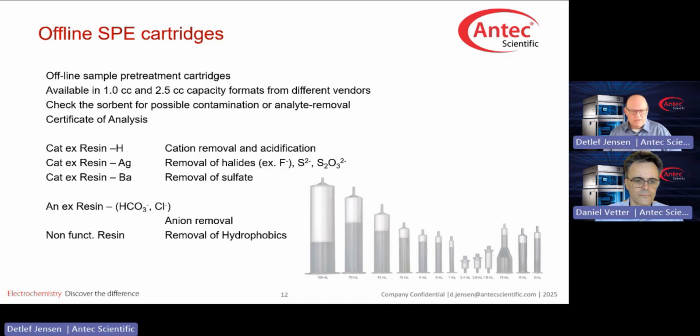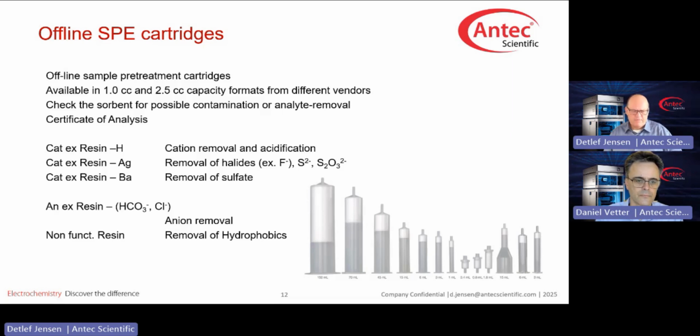turn towards offline SPE cartridges. So SPE, solid phase extraction cartridges, which, just as a little advice, should be made out of polymeric material, polystyrene divinylbenzene based resins. And these resins come in different forms, because you can tailor the selectivity in a way that you are specifically removing certain components out of the sample.